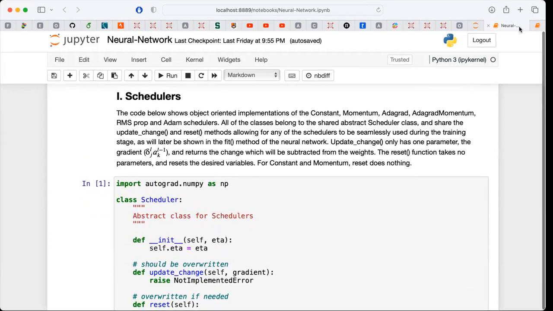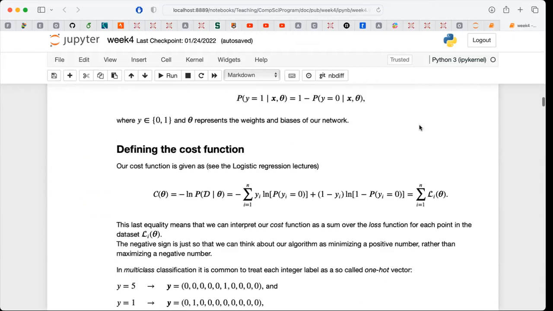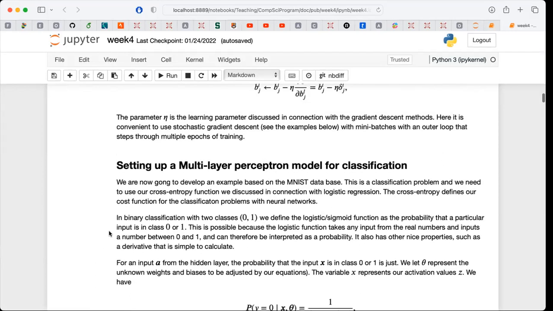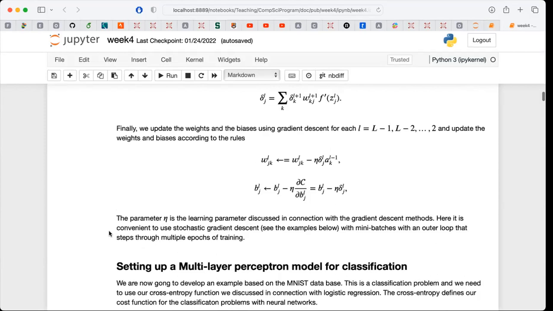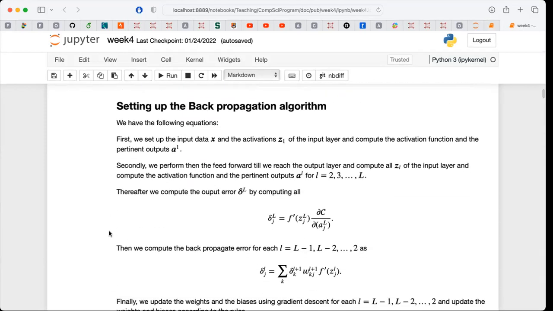So let's take a look at the codes which you find in the lecture notes. In the lecture notes, what we have done is to look at a classification case. We need to encode the backpropagation algorithm, and I will show you how you can do this in a simple way without thinking of any complicated types of programming.